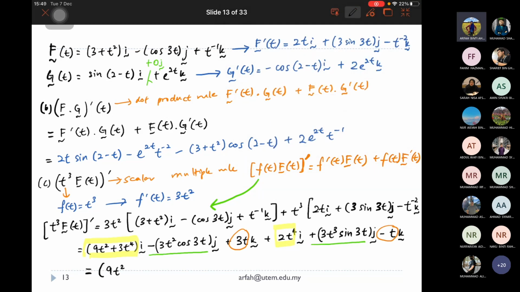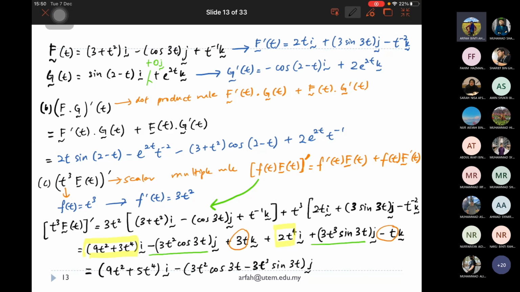So akan dapat jawapan dia 9T kuasa 2 tambah 5T kuasa 4 I. Okay. Tolak 3T cos TI tambah 3T cube. So dia akan jadi this one tak boleh di settlekan cos 3T tolak 3T cube sin 3T J. Okay.